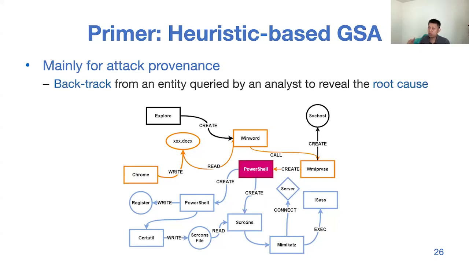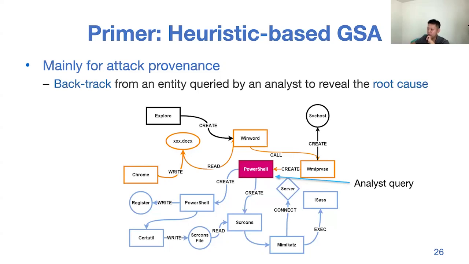We also call this line of research attack provenance. Here, assume the PowerShell is defined as malicious, and the analyst wants to understand why the PowerShell got run on this victim host. So it runs the backtracking, going through the time dimension, looking at its history following its temporal order, and identifying the first hop actually leading to the execution of these commands.